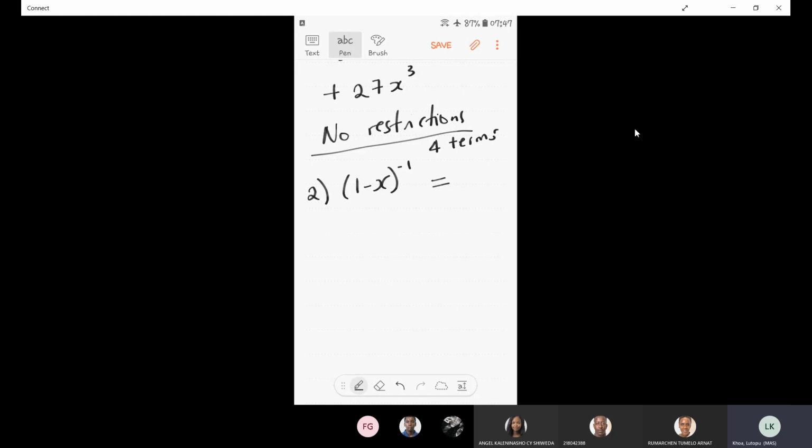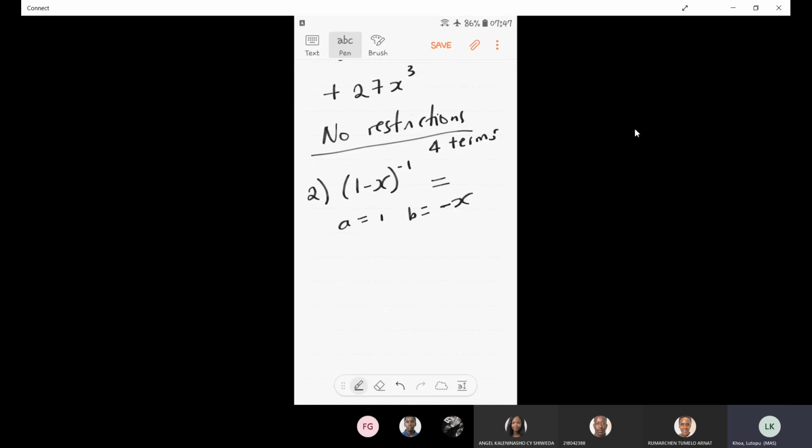Okay, so the procedure is the same. The first one is, you can say this, my A is 1, and then my B is minus x. Okay, and then you substitute them into the formula.